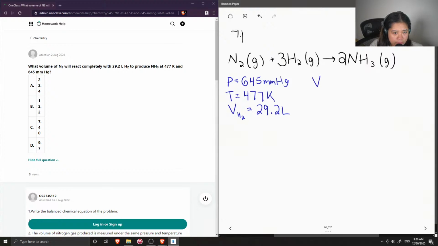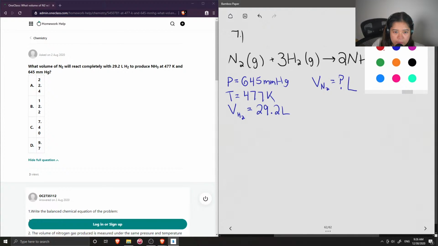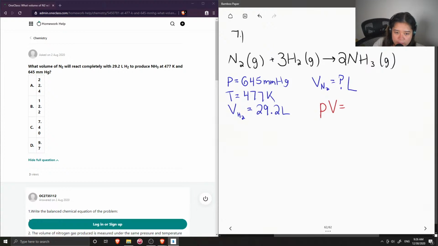And we are looking for the volume of nitrogen, which is question mark liters. Okay, so to answer this question, it helps if we know the formula for an ideal gas equation. The equation for an ideal gas is PV equals nRT.